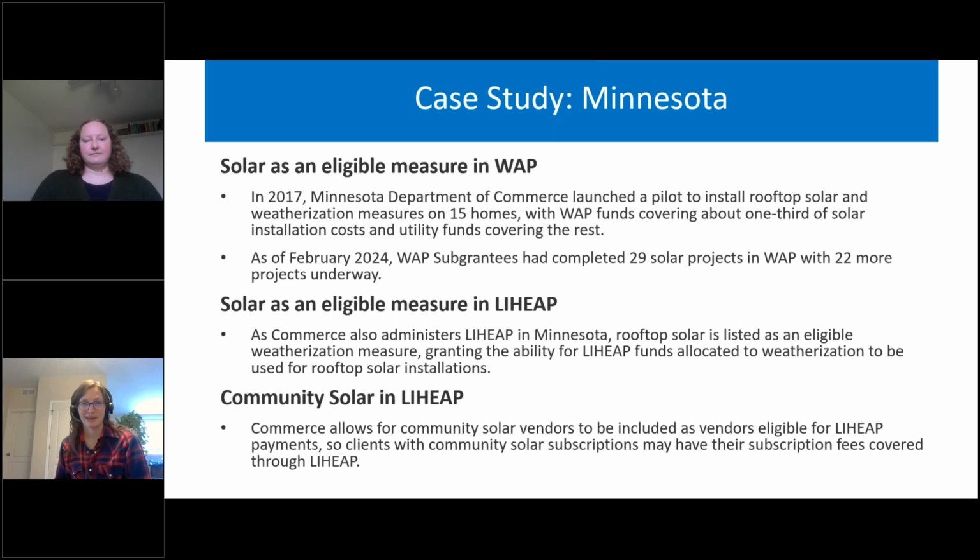Now, of course, Minnesota's was complicated a little bit by the pandemic, but if there's staff turnover or leadership change at the organization, or change in availability of complementary funding sources, that could affect the ability of a WAP or LIHEAP entity to implement a new solar program.